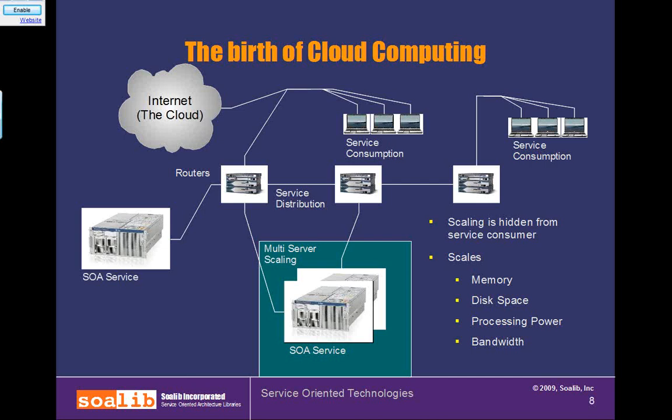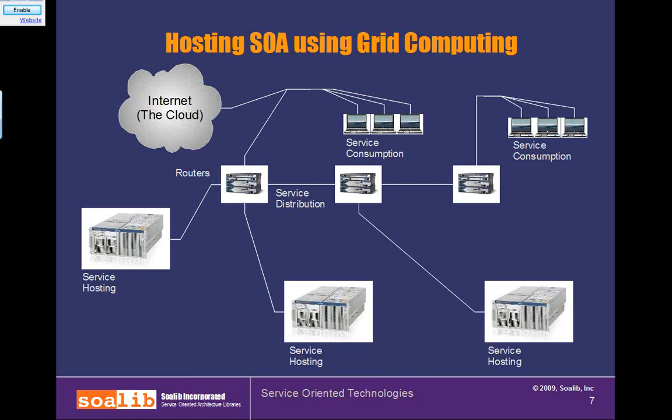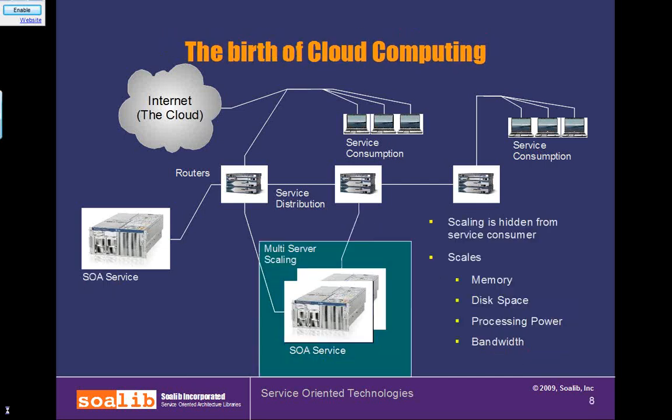In this slide, the two servers we see on the bottom right are now combined as one single server, called multi-server scaling, using software and hardware, which you never see as a service consumer. These are data center specific, and you never see the scaling happening automatically as services are consumed.